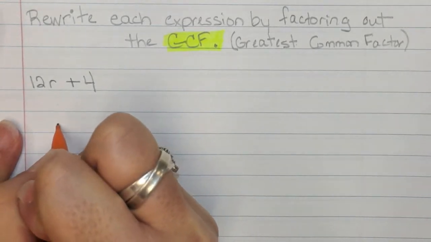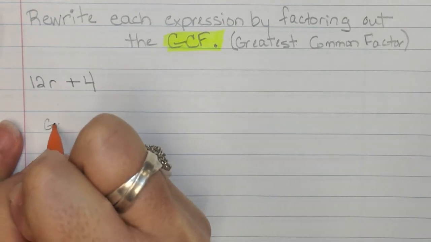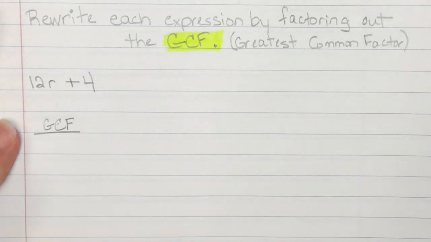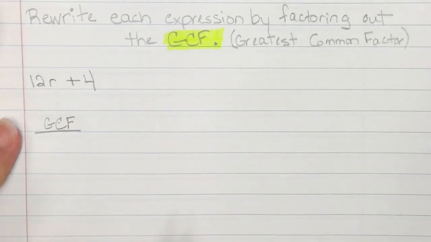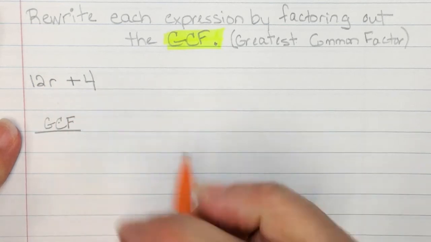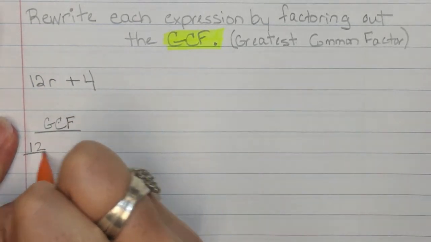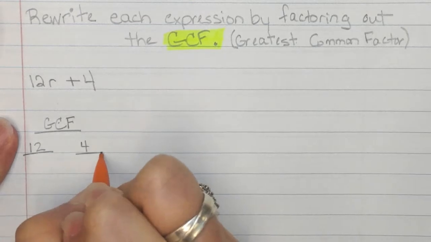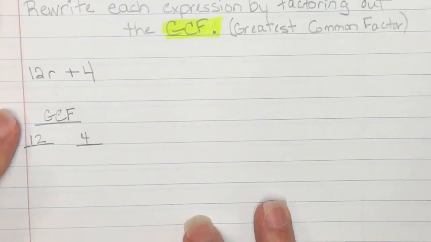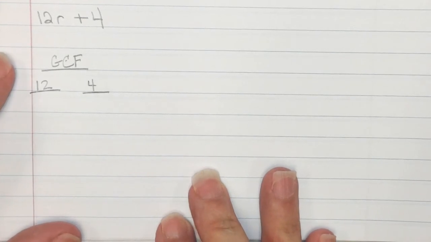I kind of skip a line, and right here I've been writing GCF. Okay. Now, there are 2 numbers we're working with. We're working with a 12 and a 4. So I'm going to write 12 with a little line and a 4 with a little line. And below here, I'm going to write what I call all my multiplication tables that equal those numbers.